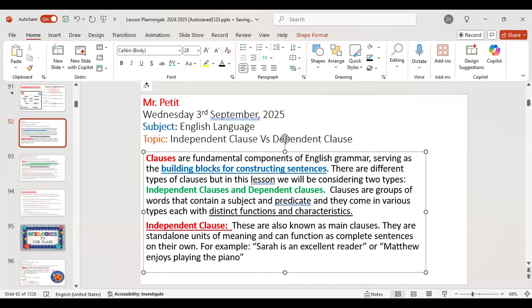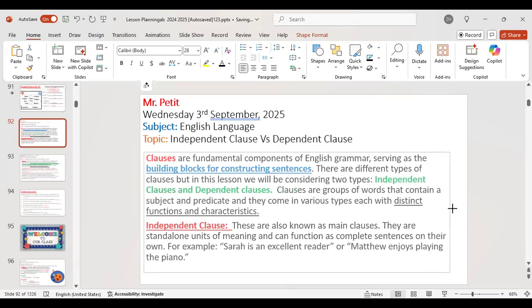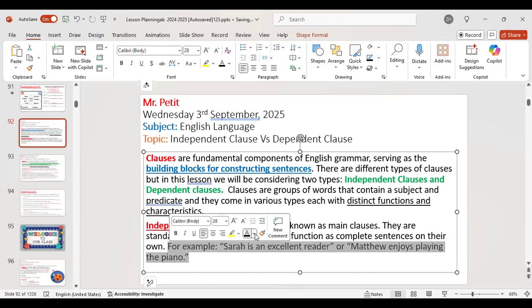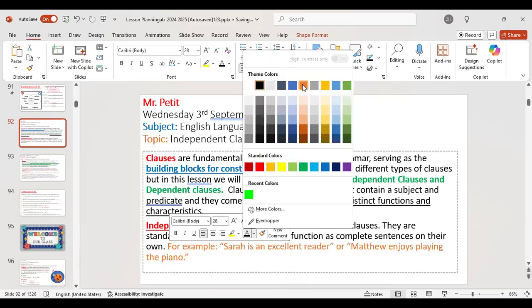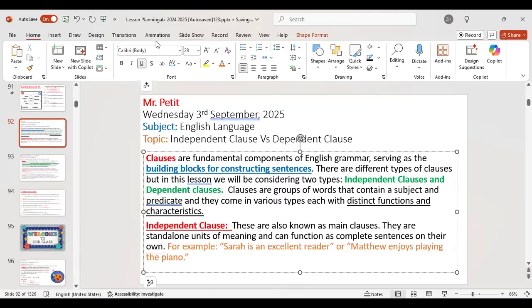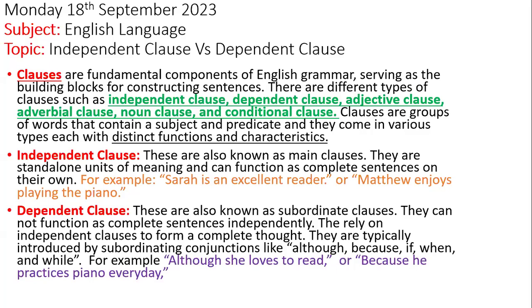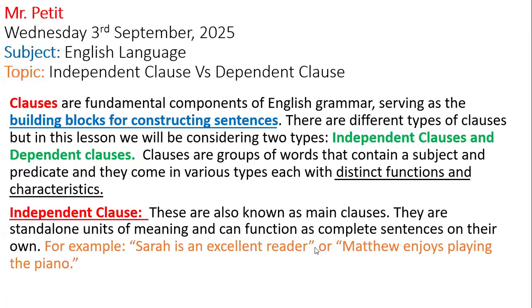As you can see, these are standalone sentences, right? Standalone clauses. They are the main clause. They can stand on their own. They don't need any help. Okay, that's what we mean by an independent clause.